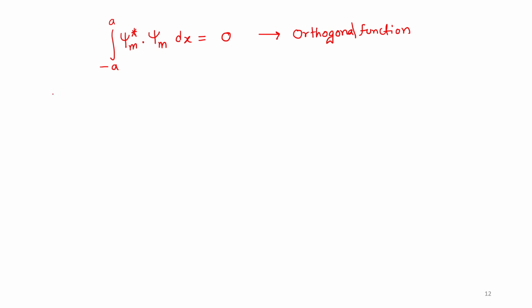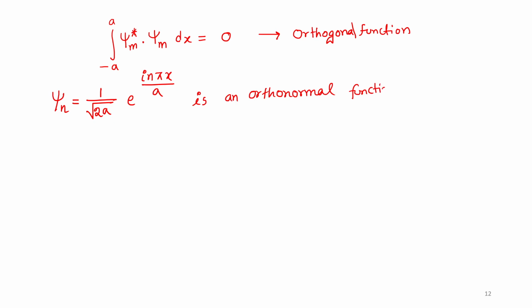So psi n equals 1 by root 2a exponential i n pi x by a is an orthonormal function in the range minus a less than or equal to x less than or equal to a.